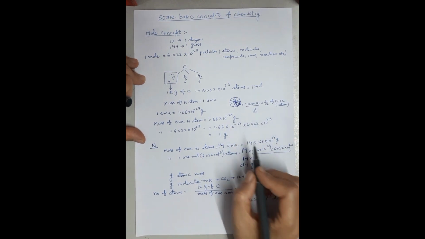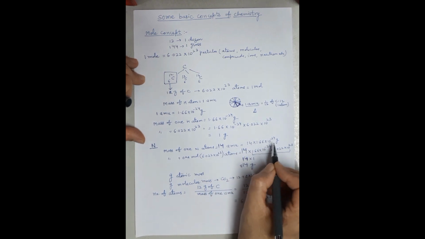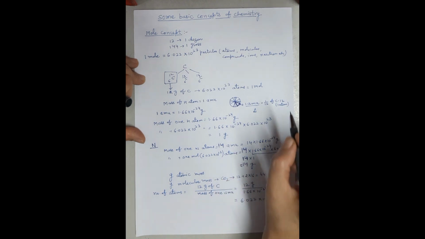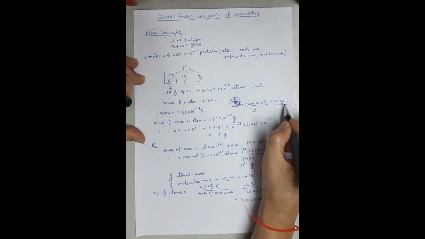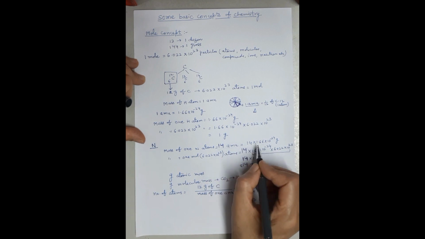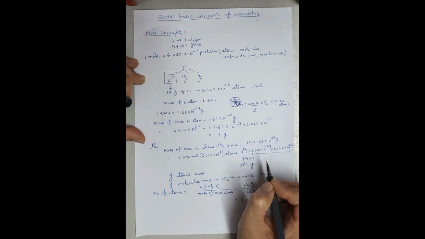And what is the mass of one atom of nitrogen in grams? This is the relative atomic mass because it is in relation to carbon-12. What will it be in grams? 1 AMU is equal to 1.66 × 10^-24 gram.